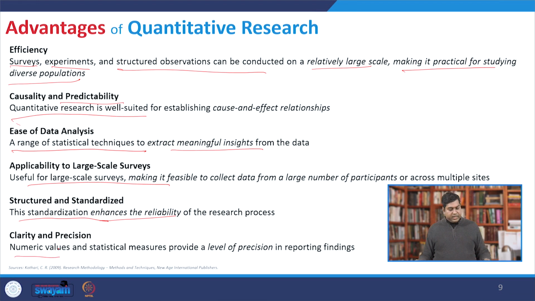Clarity and precision. Numeric values and statistical measures provide a level of precision in findings. I have given one example last lecture, that consulting a doctor with your problem, like when you say that I am feeling some sort of feverish kind of thing, so based on symptoms the doctor may prescribe you something, or else the doctor may go along with the blood test report and accordingly identify the actual cause of your body temperature rise, and then pinpointed medicine for that.